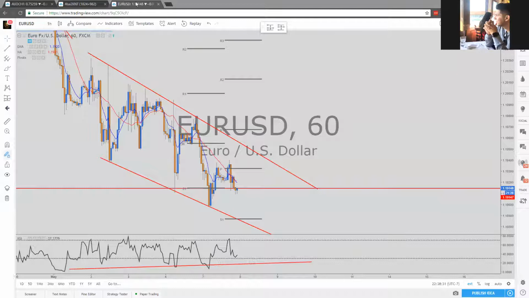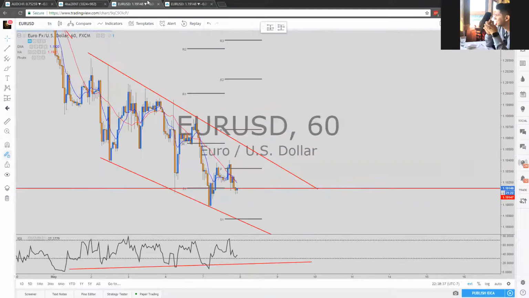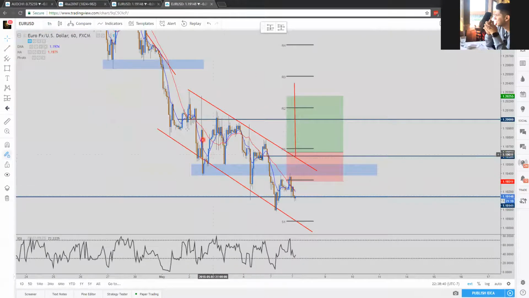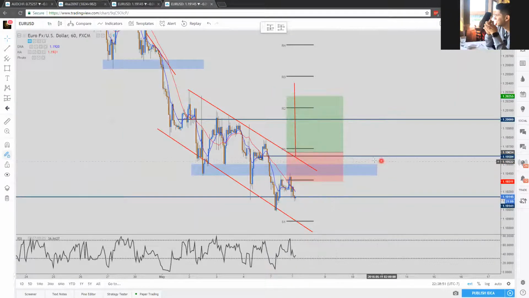Yeah. So this is my analysis. It's basically the same thing that's going on here, same thing that I drew here. It's a downward channel, a descending channel. And we can see the buy stop is around where the break of resistance is at.